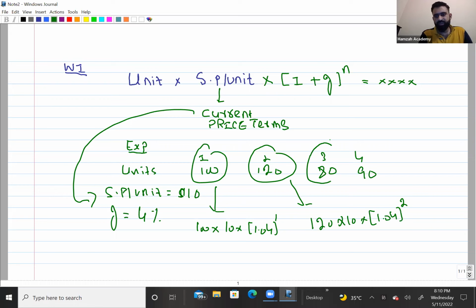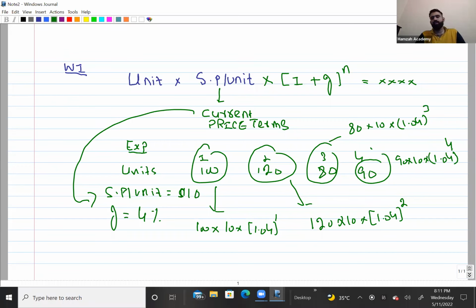For year 3, 80 into 10 into 1.04 raised to power 3, and so on. For year 4, 90 into 10 into 1.04 raised to power 4. Okay, this is how we usually determine the sale revenue in the NPV pro forma. You get it?